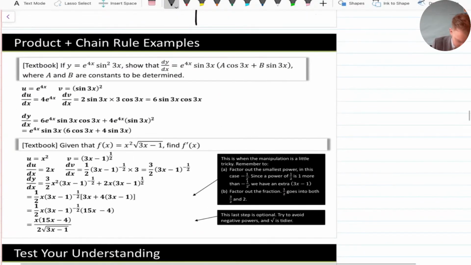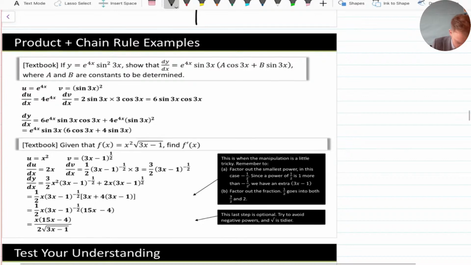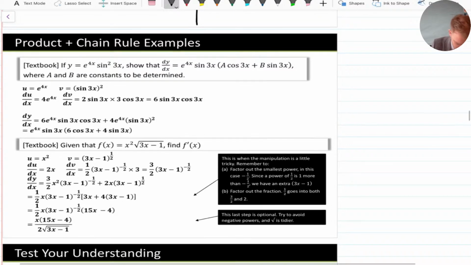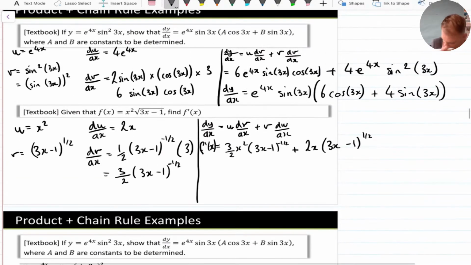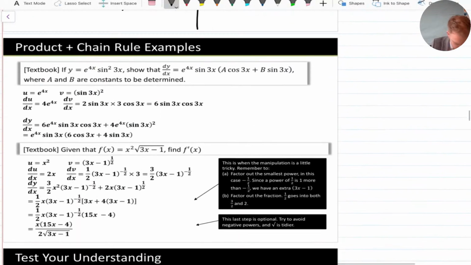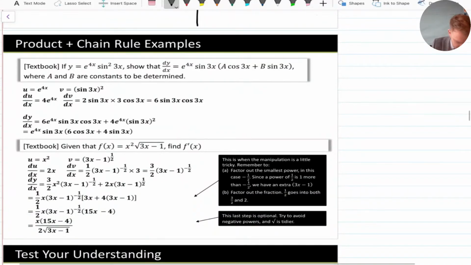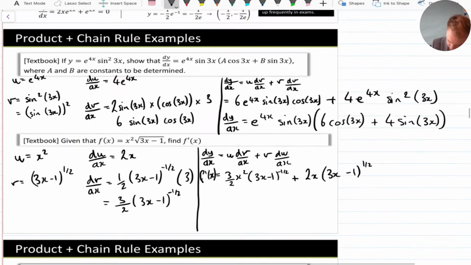They've simplified it. So maybe I will do that, just to take out the half from the other side here.